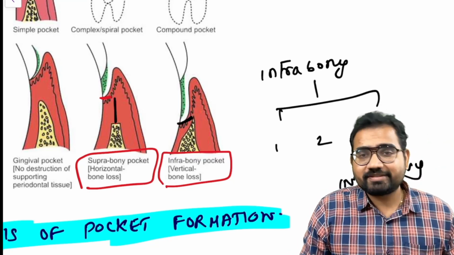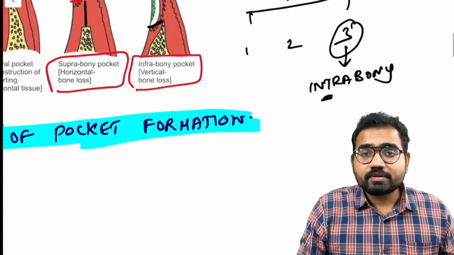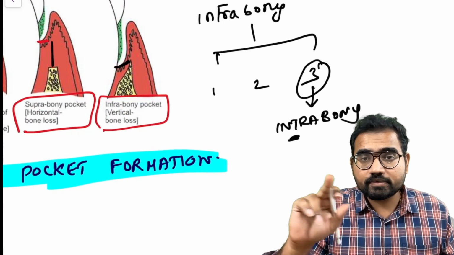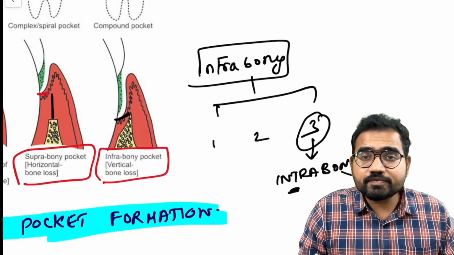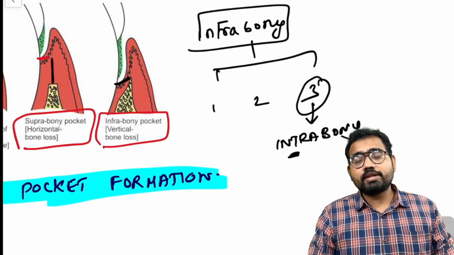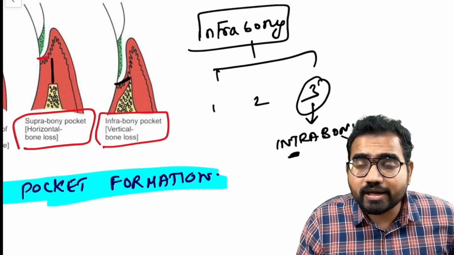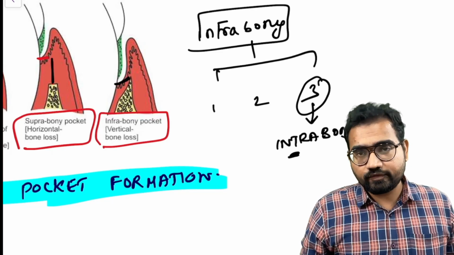T, three wall defect. Infra bony defect is a general term used to describe one wall, two wall, and three wall defects. In an infra bony defect, the pocket will be below the level of the alveolar crest. In supra bony, it will be above the level of the crest.